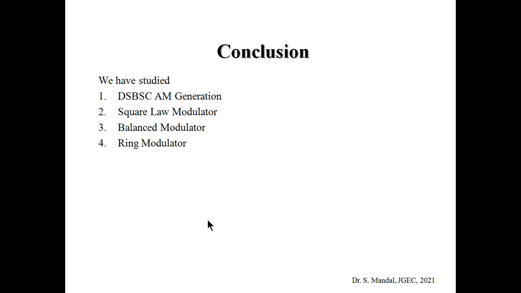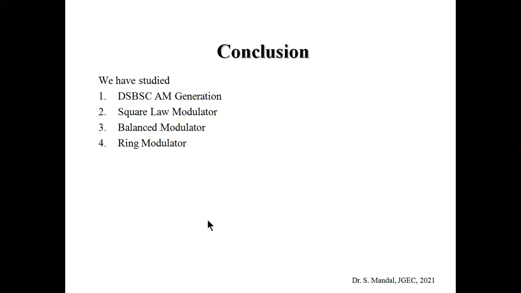Here you use four diodes connected like a bridge rectifier, and in the positive half cycle D1 and D2 will be on, and in the negative half cycle D3 and D4 will be on. When D1 and D2 are on, D3 and D4 will be off, and when D3 and D4 are on, D1 and D2 will be off.